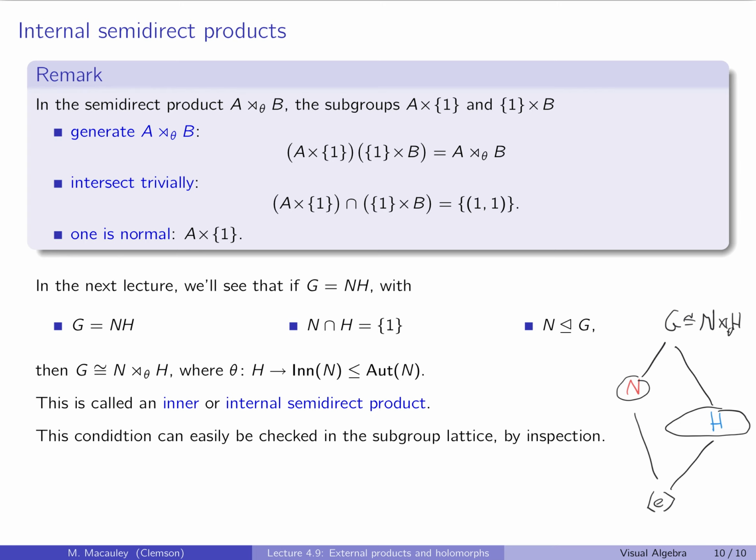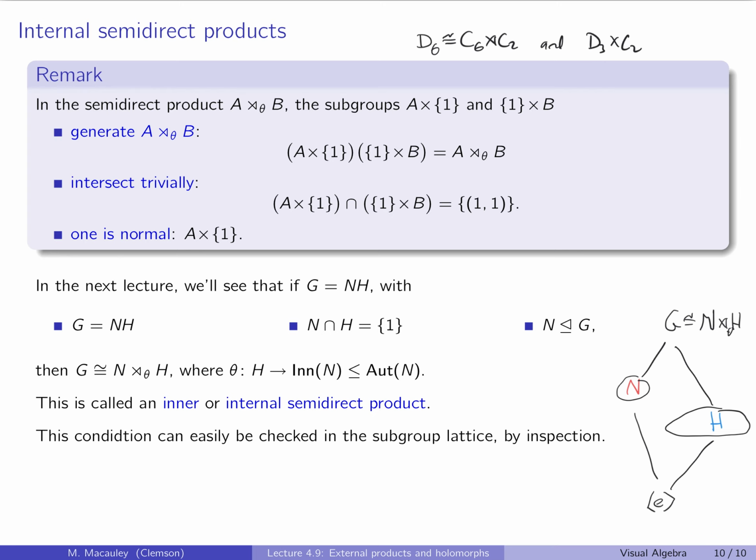One example of that: I've said that D6 is isomorphic to a semidirect product of C6 and C2, but also of D3 with C2. So you can find pairs of subgroups in here, I'll let you think about that, that satisfy these conditions. In one case this one's normal, that one's not, and in the other both of these are normal.